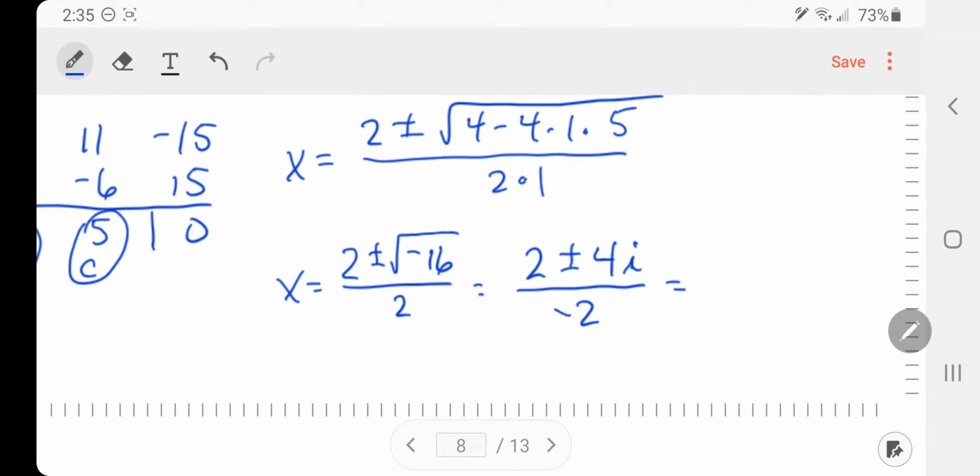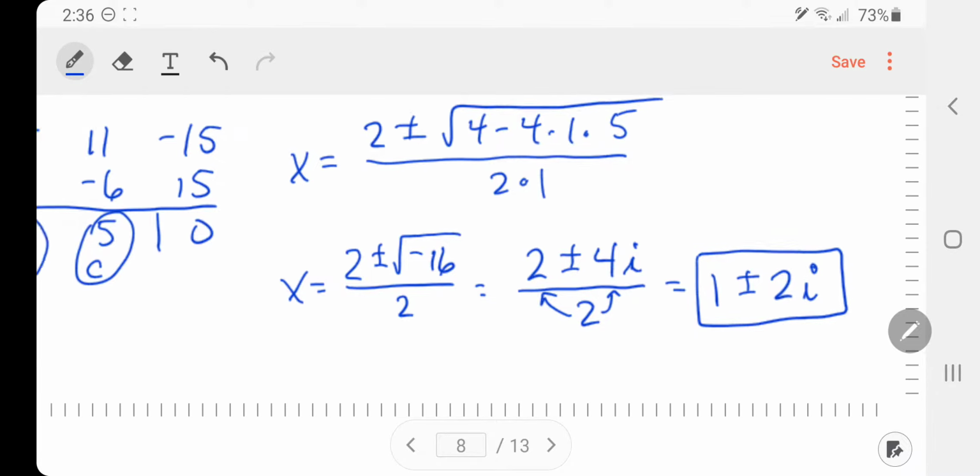Now don't forget that this 2 in the bottom has to divide into both terms in the numerator. 2 divided by 2 is 1. 4 divided by 2 is 2. And so those are my other zeros. Those zeros are complex, and just for fun, that means that those are not x-intercepts, since they're complex.